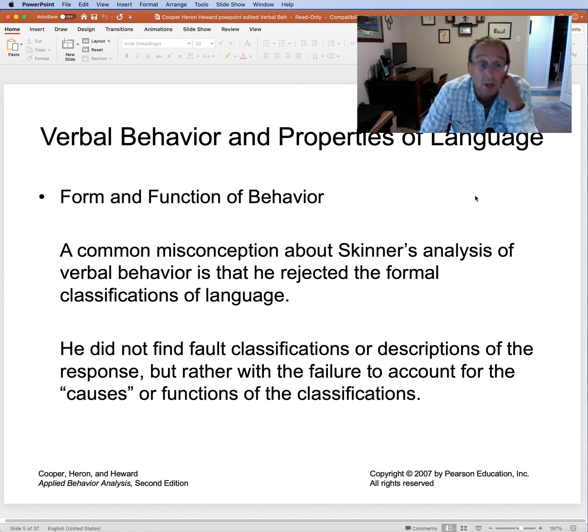So one common misconception about Skinner's analysis of verbal behavior was that he rejected all these other ways of understanding, classifying, and studying language. It's not that he dismissed those, he just didn't find those classifications to be very helpful with regards to trying to figure out what causes us to say certain words.